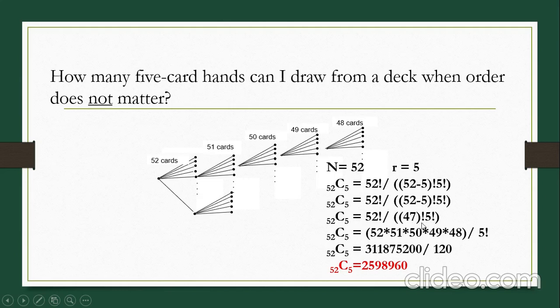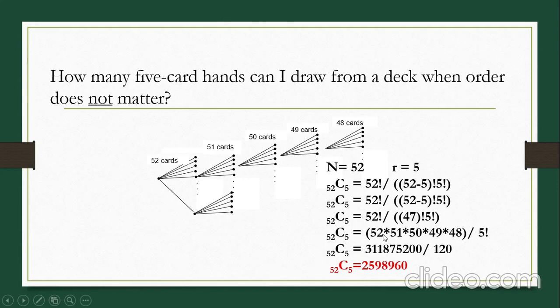So, in here, 52, 51, 50, 49, and 48, you are going to multiply those in the numerator. And the rest, 47 down to 1, will be cancelled with the 47 down to 1 of the denominator. Because they are the same, they can be cancelled out to make the multiplication and division shorter.